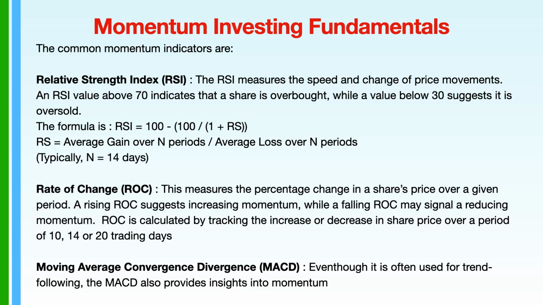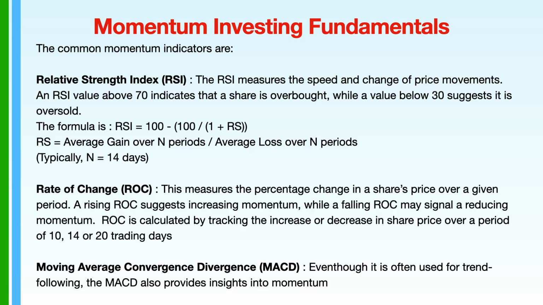Rate of change, or ROC. This measures the percentage change in the share price over a given period. A rising ROC suggests increasing momentum, while a falling ROC may signal a reducing momentum. ROC is calculated by tracking the increase or decrease in share price over a period of 10, 14, or 20 days.